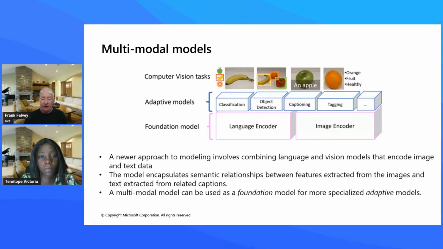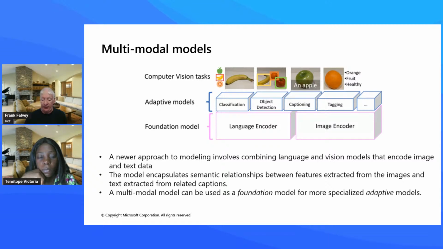It is a multimodal model, trained with huge volumes of captioned images from the internet. So they drag in all these images off the internet and use them to train it. It involves both language encoders and image encoders.